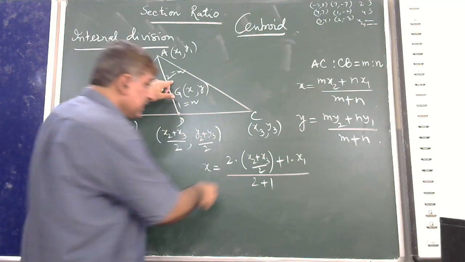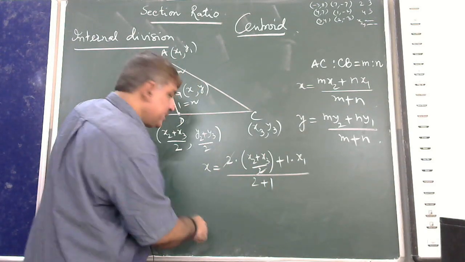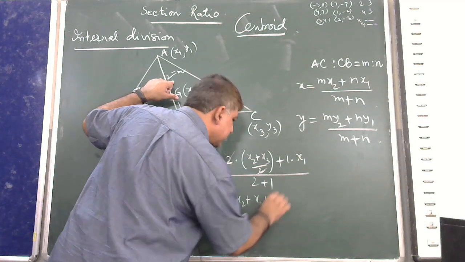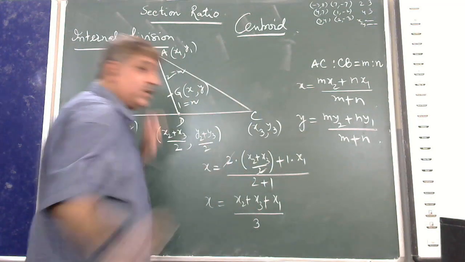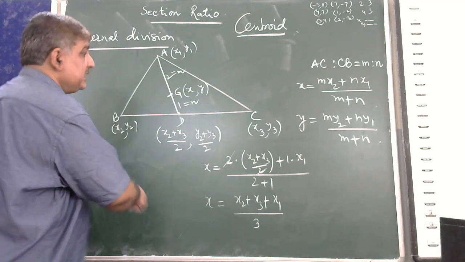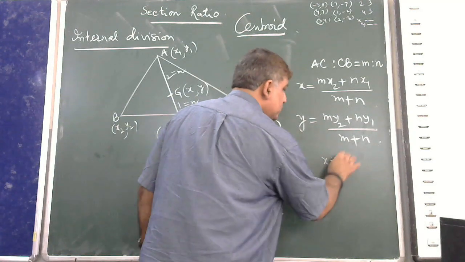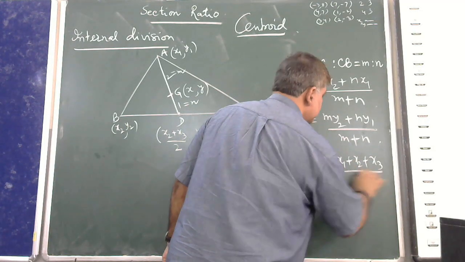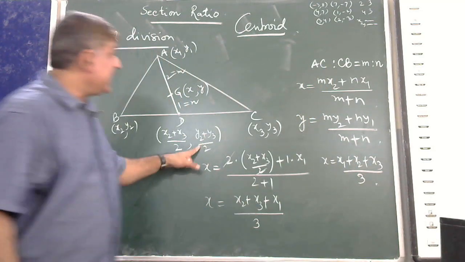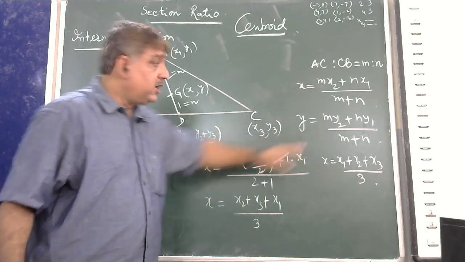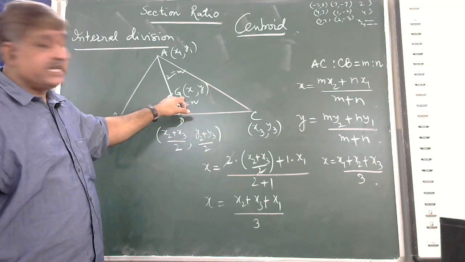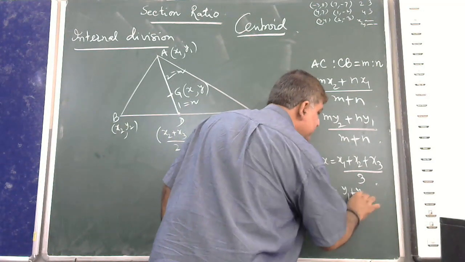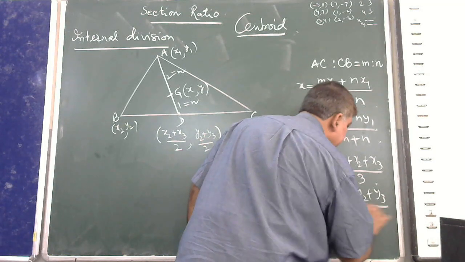Now you see here, this 2 cancels out with this. So we get x is equal to (x2 plus x3 plus x1) divided by 3. We can write it systematically as x is equal to (x1 plus x2 plus x3) by 3. Similarly, applying this formula for the ordinate of the centroid, you will get y is equal to (y1 plus y2 plus y3) by 3.